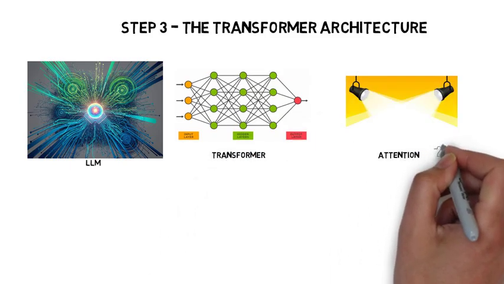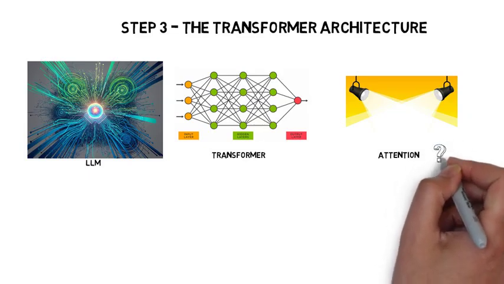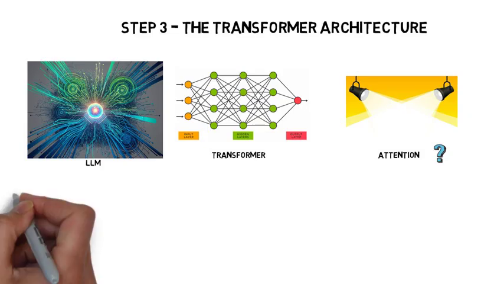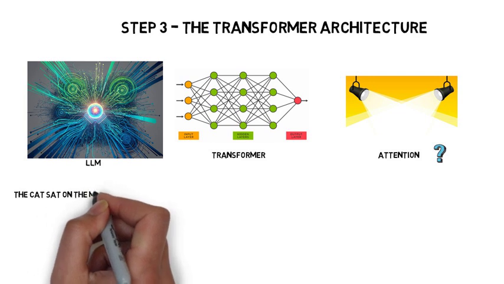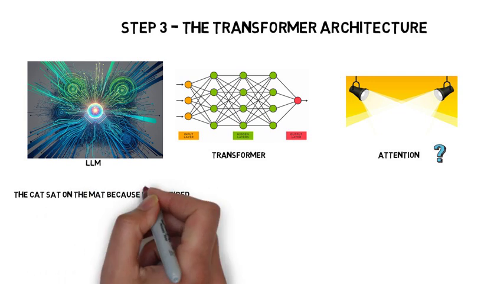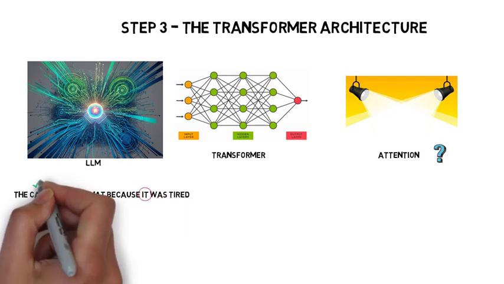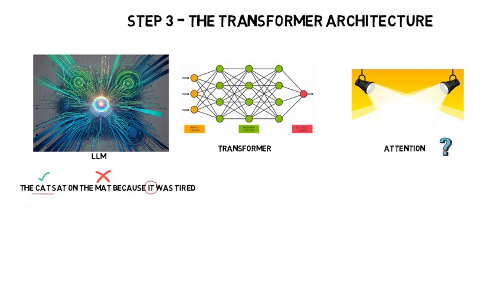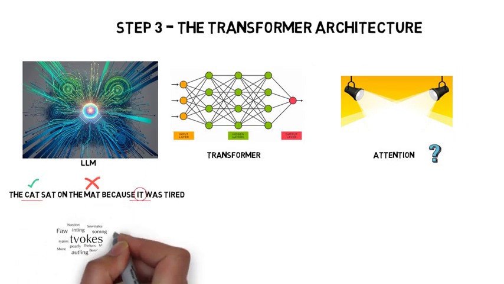It lets the model figure out which words it should focus on most in order to understand the sentence. Let's understand this with an analogy. For example, in the sentence, "The cat sat on the mat because it was tired," the word "it" clearly refers to the cat, not the mat. Attention helps the model make that connection, even across many words.